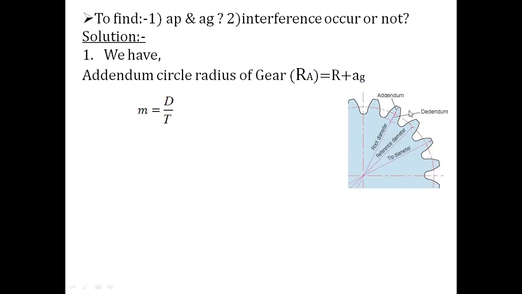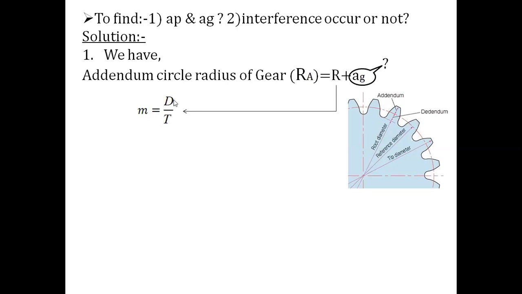So we have to find out small AG here. We have to find the value of small AG. This is our first question. Now the value of R we can find with this formula. We have the module formula.